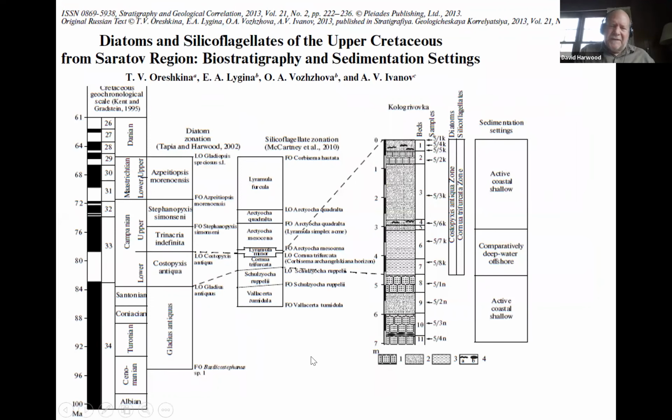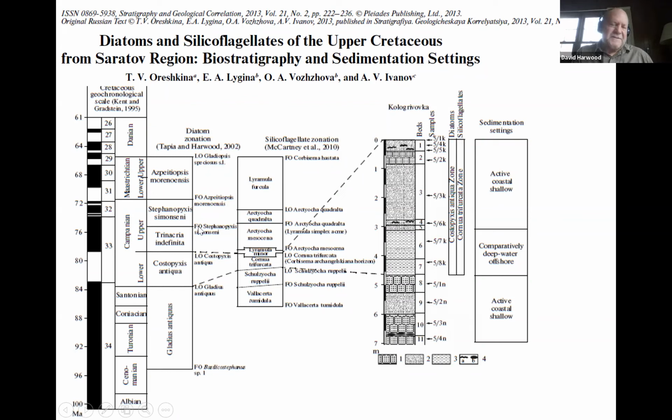And I want to identify just an error that Pedro Tapia and myself made before we had good time control. We divide up our rocks and our time based on different diatom events, like the first appearance of this species, up to the last appearance of this, up to the last appearance of this species, up to the first.